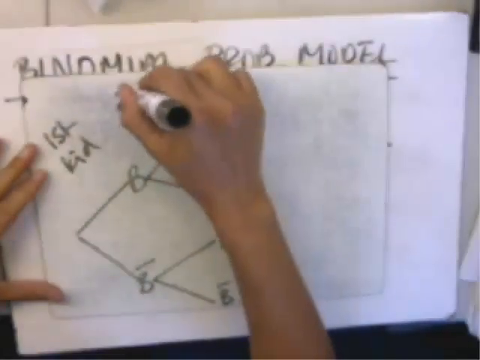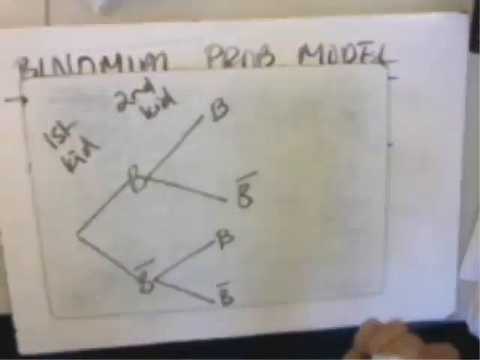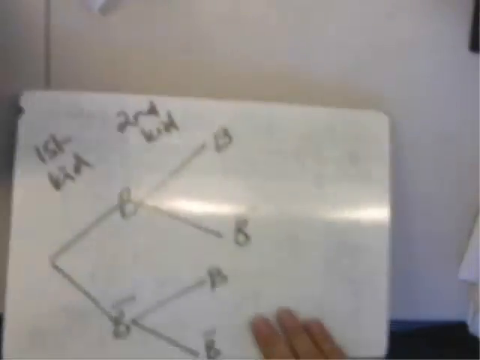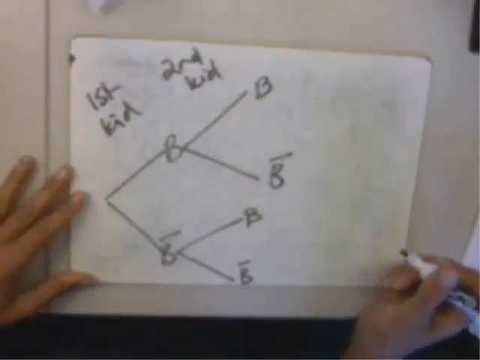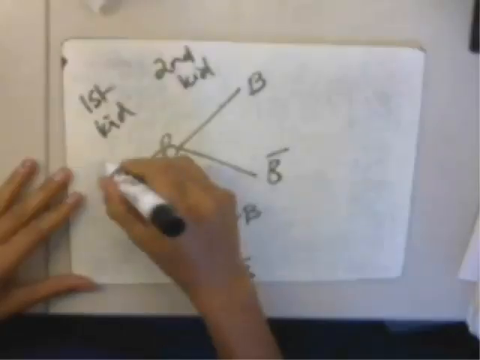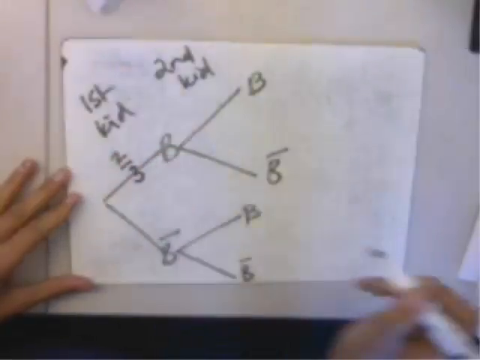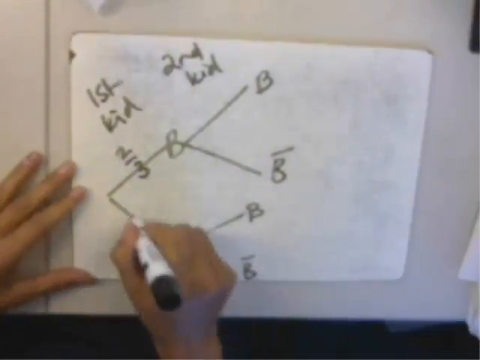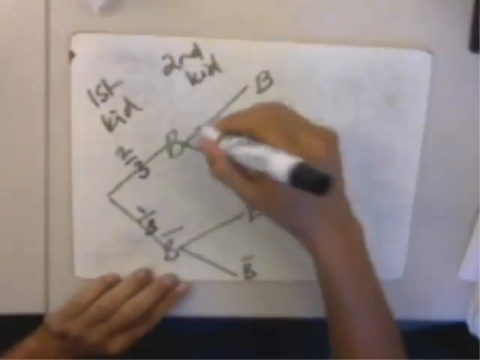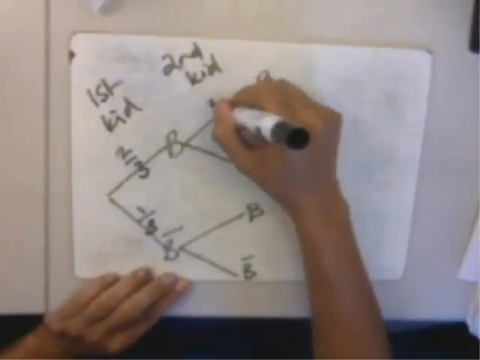And each time, here's our first kid, here's the second kid, and for some reason, these parents, they want a boy. All right, well, let's say the probability of a boy, instead of just doing 1/2, we'll say the probability of having a boy this time was 2/3. They have a 66% probability of having a boy, and therefore 1/3 probability of not having a boy.